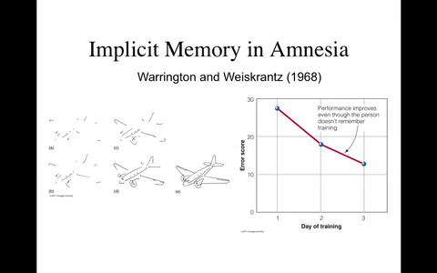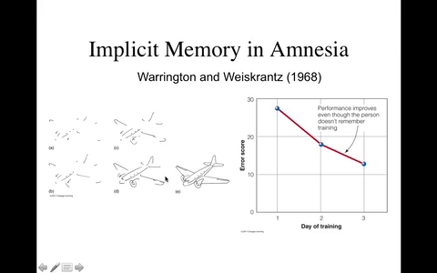Another example of this kind of implicit memory in amnesia patients is an object recognition task. What's different about this task and the others, besides being a visual recognition task, is that Warrington and Weiskrantz showed that over days of training, these amnesia patients' abilities improved.